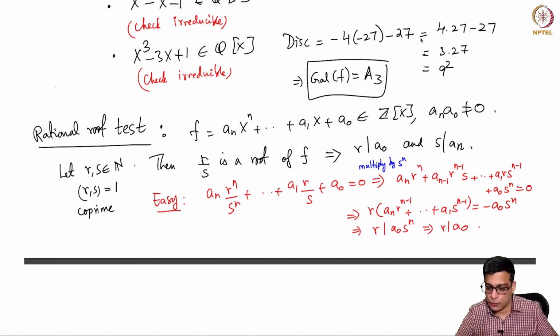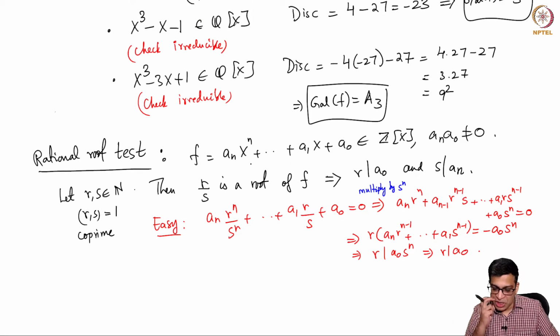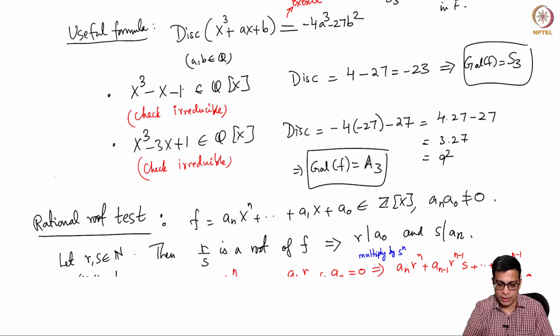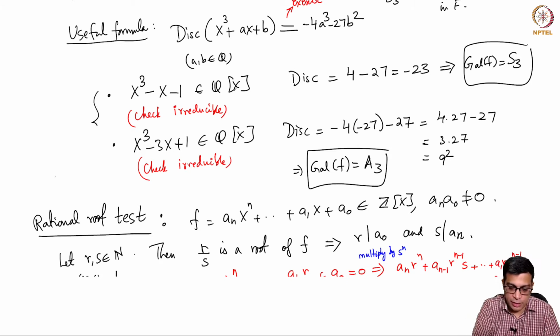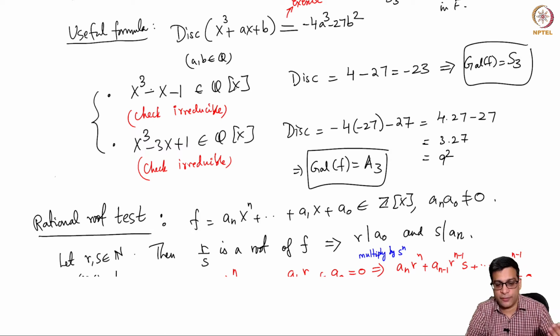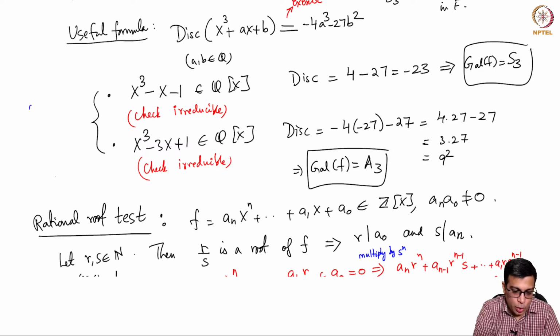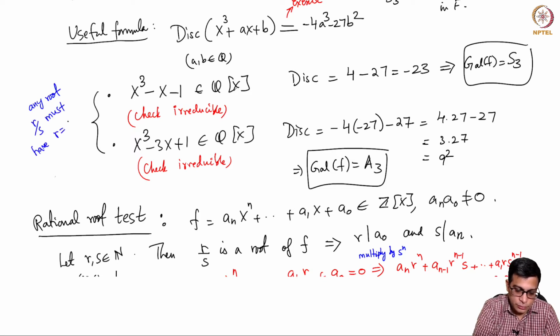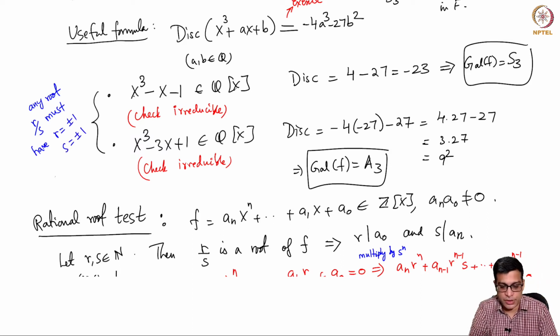So this is very useful, especially when you have leading term 1 or constant term 1, like in these examples. All you need to check is that these are degree 3, so they are irreducible if they have no roots. So any root must have, right, because constant term is 1, leading coefficient is 1, only possible rational roots 1 and minus 1, which you can quickly check are not roots.